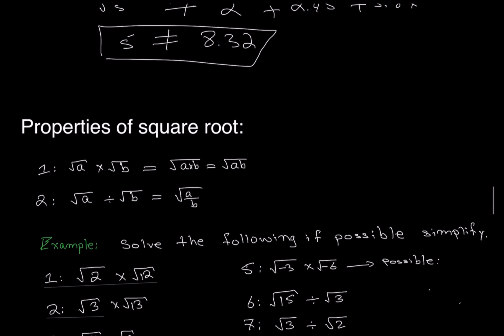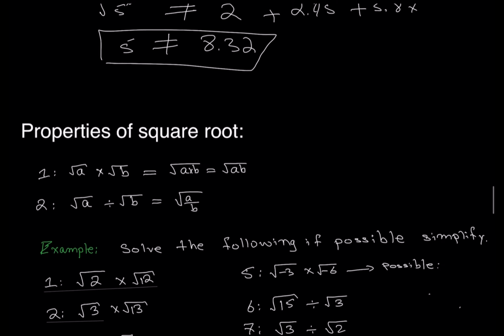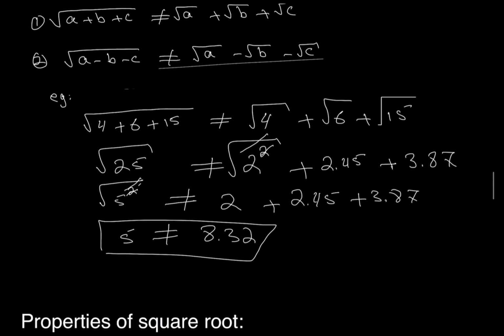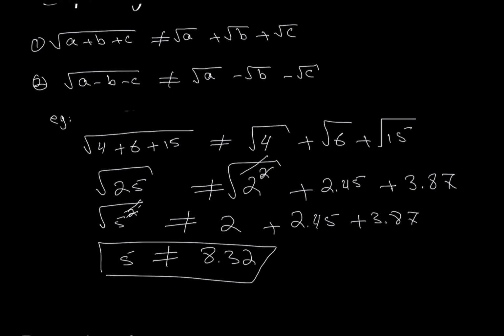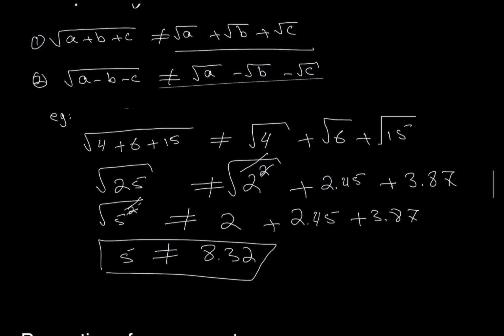Okay, so now moving on to the properties of the square root. We have a couple. That will be the multiplication and division. The square root of a times the square root of b is different here. In addition, we cannot simply substitute them or add them under the same square root, because they are different values.